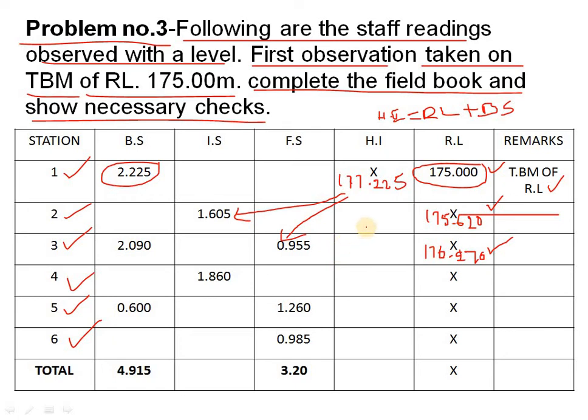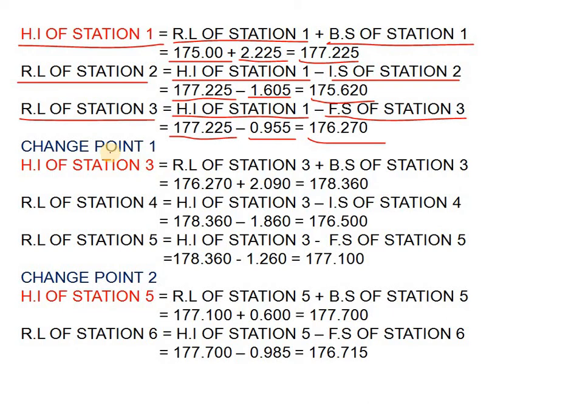Like this we have to calculate the RL of station 3. Here we also have the change point, which we have not written. Wherever the BS and FS are meeting, that is known as the change point, here CP1. Now we have to calculate the height of the instrument at station 3, written as change point 1.